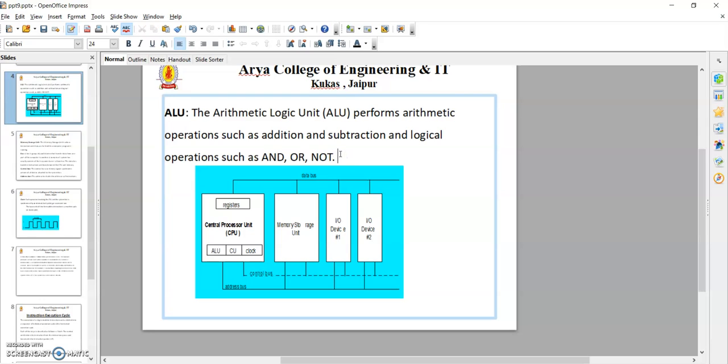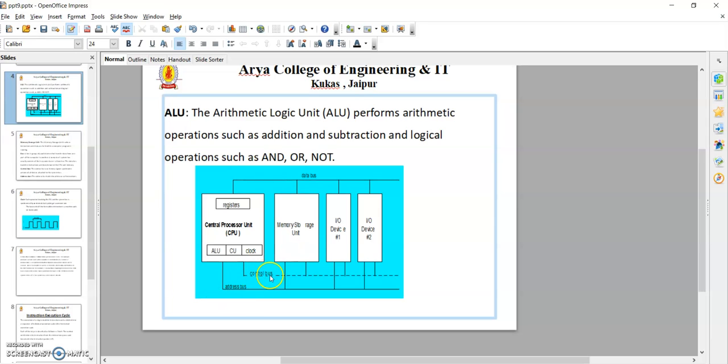If we look at the diagram, we can see the basic things are the CPU, which consists of the ALU, that is the Arithmetic and Logical Unit, the second is the Control Unit, and the third is the Clock. We can also see there is a control bus, an address bus, and a data bus, which have their specific assigned tasks to complete.